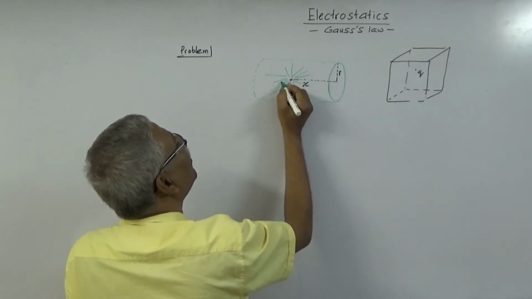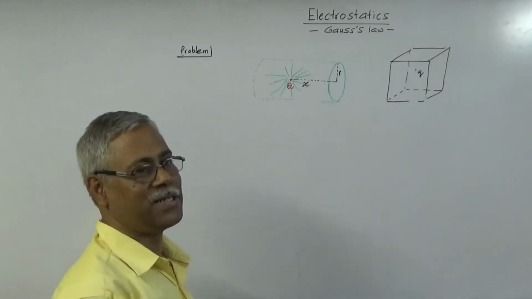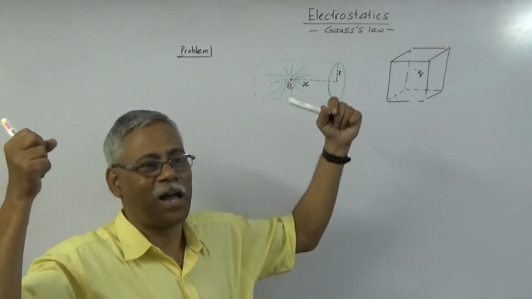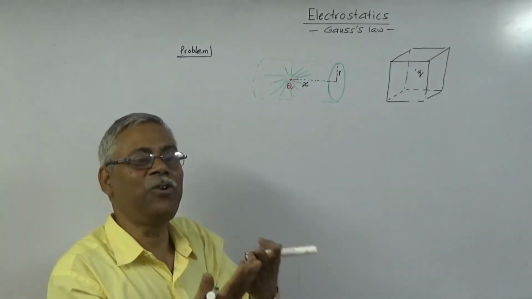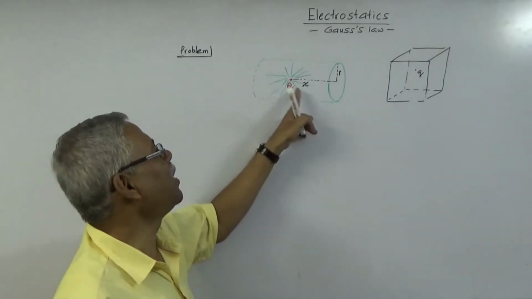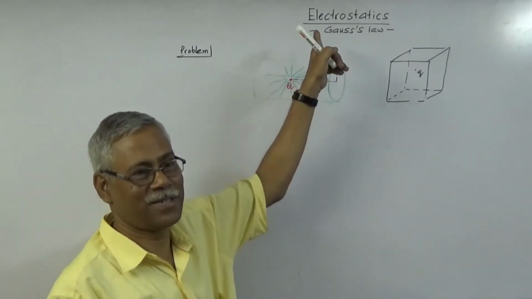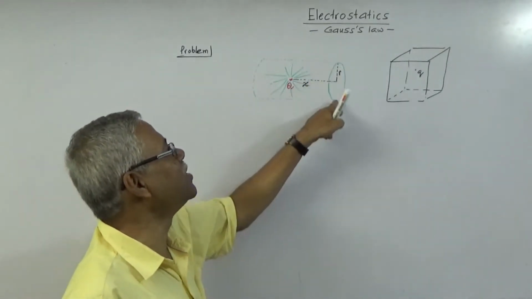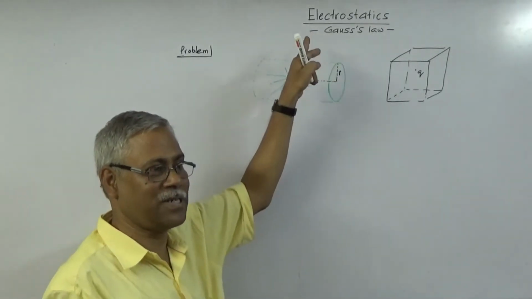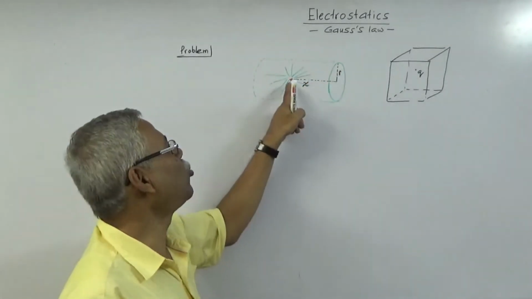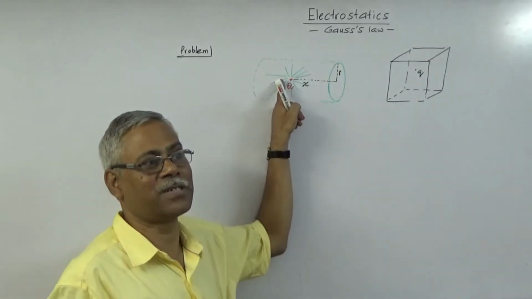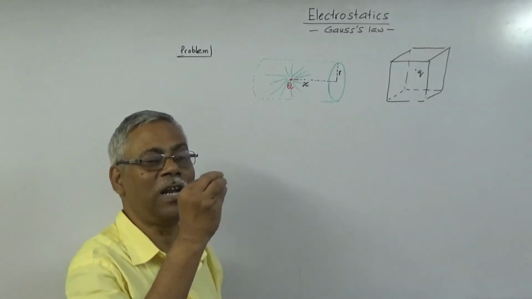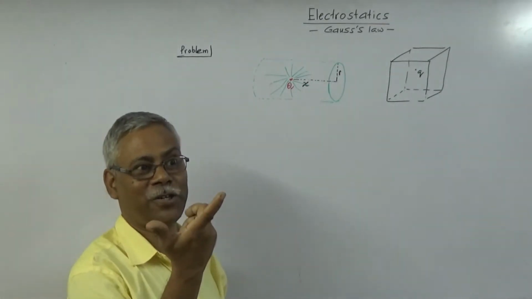I have told you that you may visualize all these as an amount of light coming out from a tiny bulb. And the question that you have been asked is, how much of the light is falling on this surface? So, before you calculate the light falling on this surface, or the flux falling on this surface, you should know the total flux which is coming out from this. Total flux is known, Q by epsilon naught. And what is the total solid angle around that point?